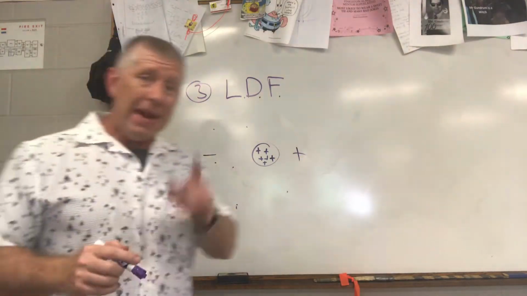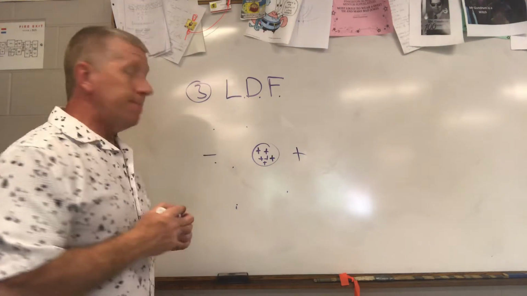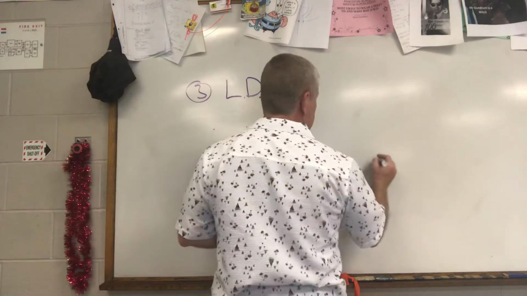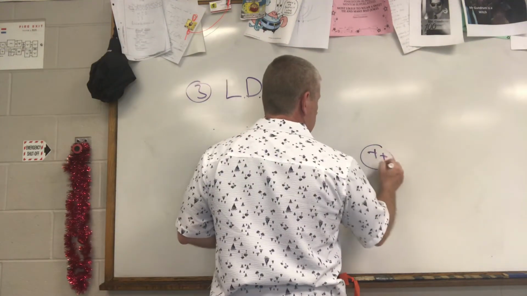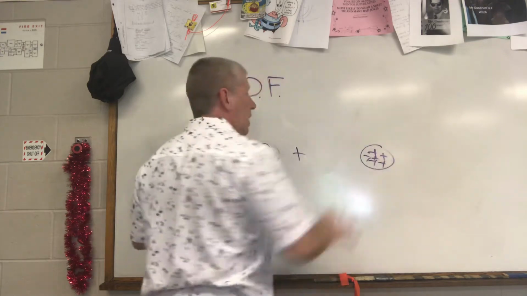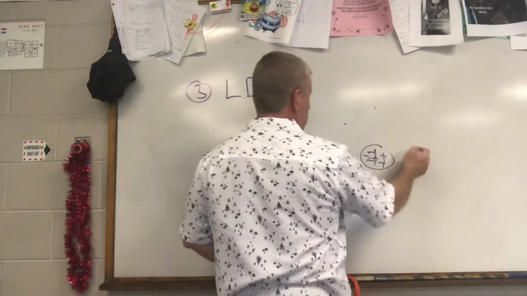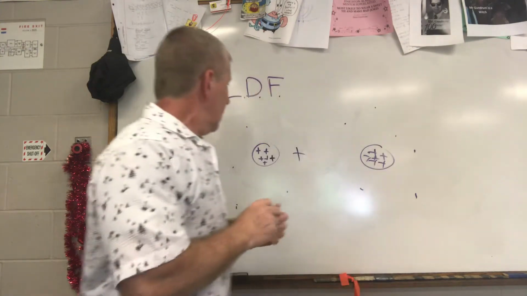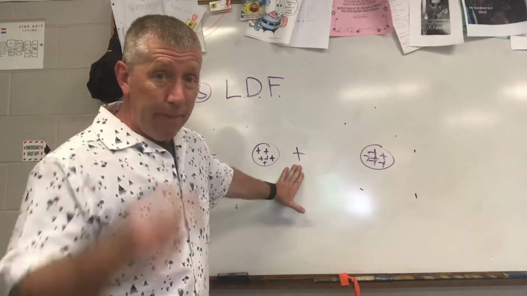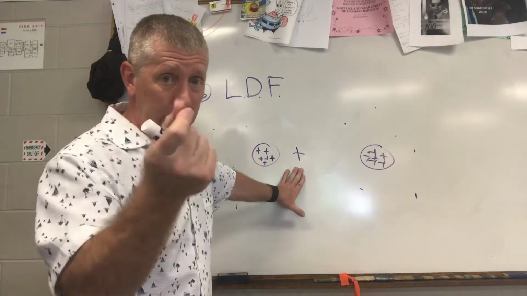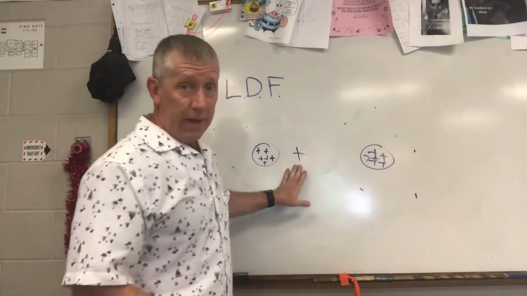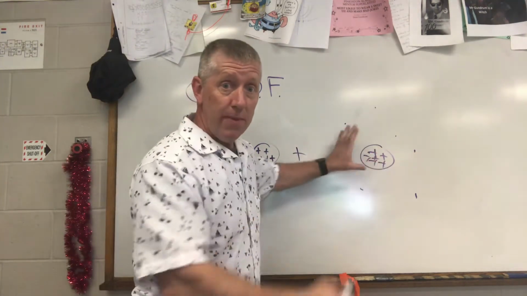But if that happens, and there happens to be another atom hanging out over here with its electrons, this side is now positive. It might just be for a split second, but it's long enough to cause positive attracted to the negative electrons on this atom.